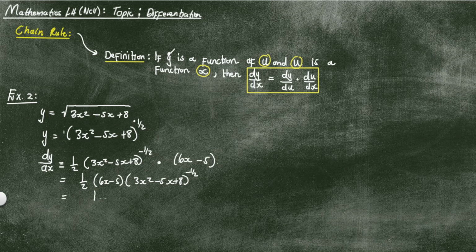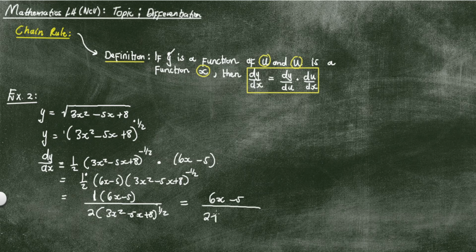So this is gonna be a 1, 6x minus 5, divided by 2 times 3x squared minus 5x plus 8 raised to exponent positive a half, which is equal to 6x minus 5 over 2 square root of 3x squared minus 5x plus 8. Alright, so I have an exponent as a fraction, so I'm gonna write it as a surd.